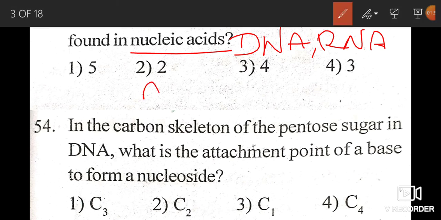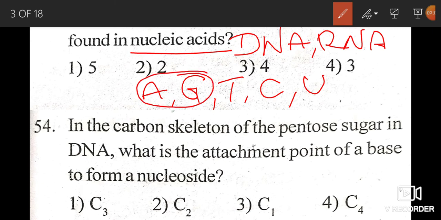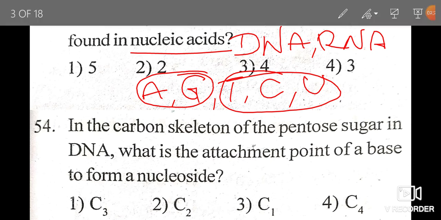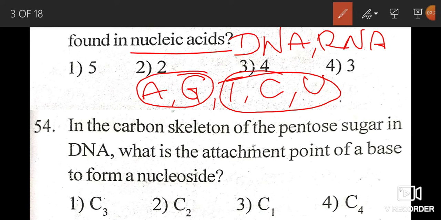Those are adenine, guanine, thymine, cytosine and uracil. These 2 are called purines. These 3 are called pyrimidines. Total number of nitrogen bases are 5. So the right option is 1.